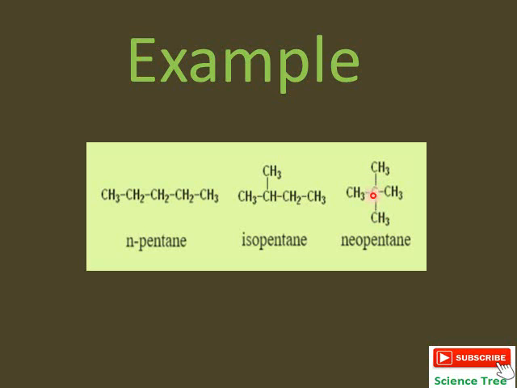And when the central carbon atom is linked with other carbon atoms from all sides, it is known as neopentane. So in this way, in chain isomerism, the parent chain of carbon atoms will differ, but the total number of carbon atoms will remain the same.